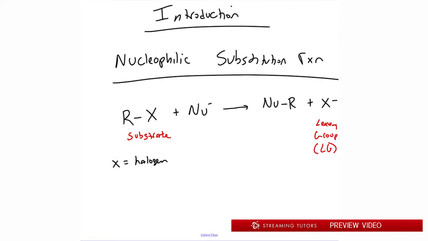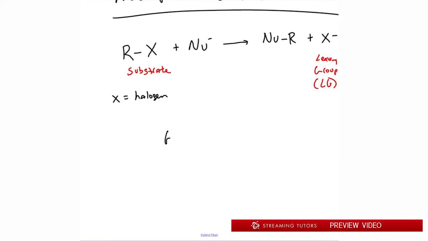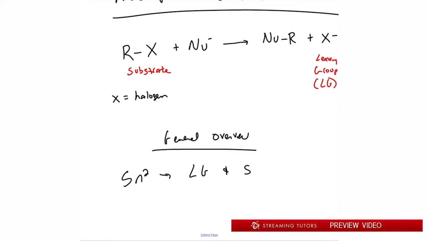So let's make that general overview. For an SN2 reaction, the leaving group and the nucleophile react at the same time. If they react at the same time, one comes in while the other leaves, that's called an SN2.